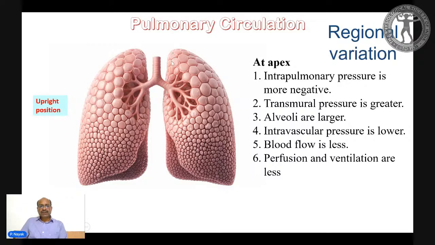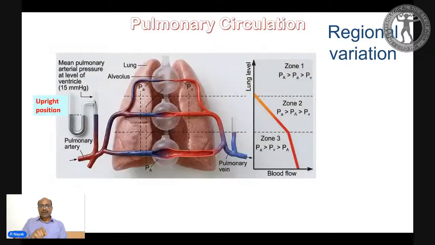So the apical alveoli face high negative intrapulmonary pressure. As a result, the alveoli are larger. Because of this, there is less blood flow and perfusion as well as ventilation.